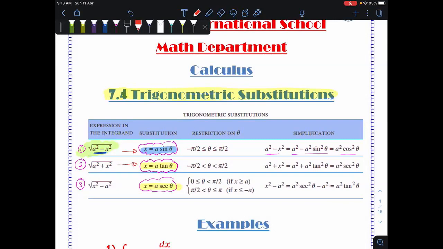When it is the square root of a squared plus x squared, we use a tan theta. And when it is the square root of x squared minus a squared, it gives a sec theta, and you continue.